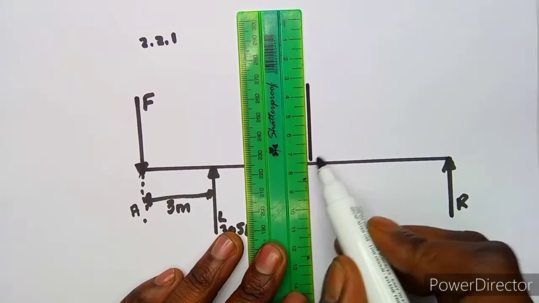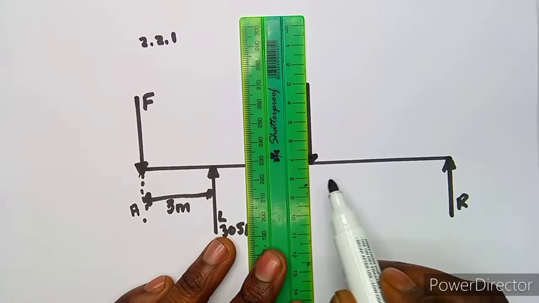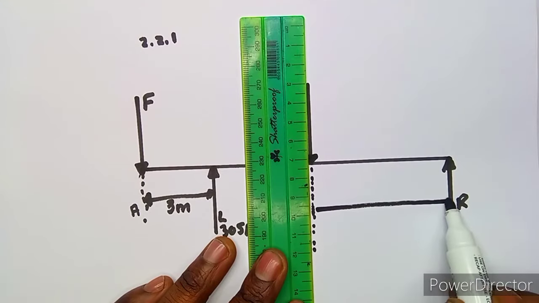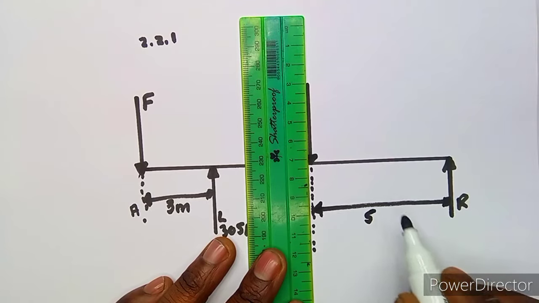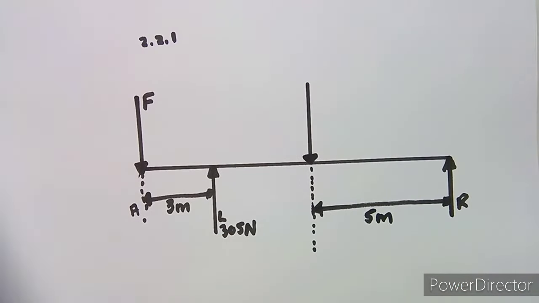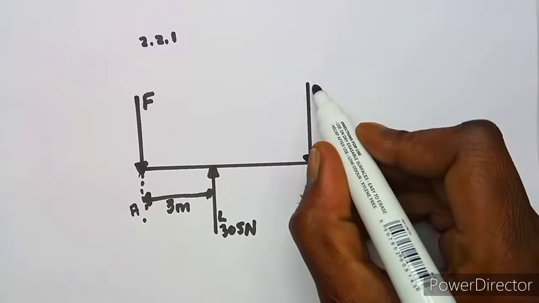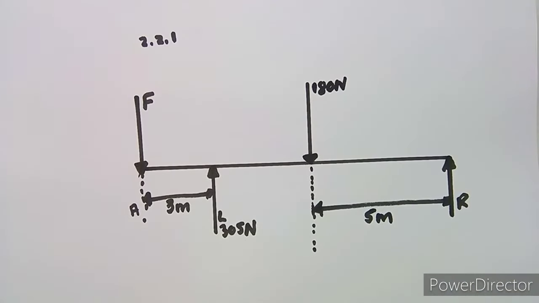This is a point load, remember, a concentrated load, and in between we've got 5 meters. We are told that this is 5 meters. So that's a point load of 180 Newton, like that. Then what else do we have?